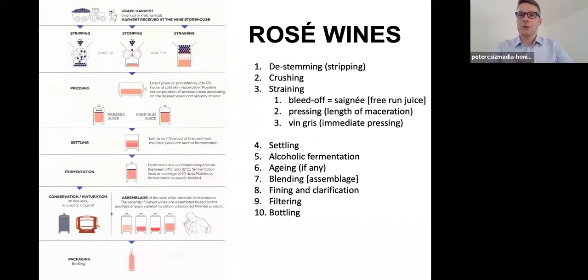Now, there are three different ways we can make rosé wine. One is to ensure that during the red wine making process, we take out watery liquid, which of course will have sugar and acid and other flavor elements in it, very early on.